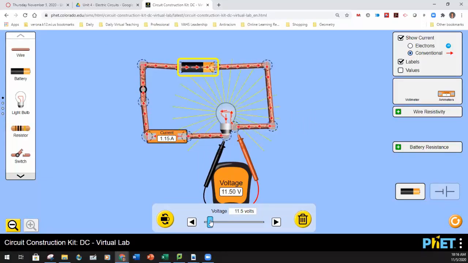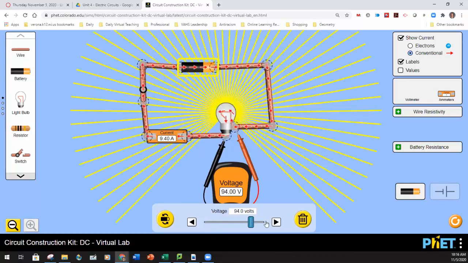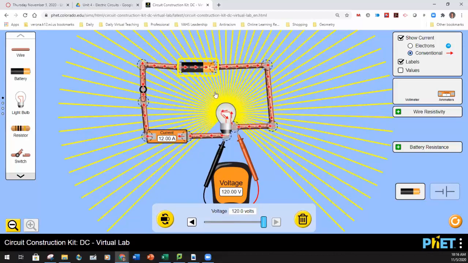And the voltage is 10.5, and the current is 1.05. So hopefully you guys are seeing a relationship between the voltage and the current. The voltage is 10 times the current, no matter what I make it. And as I increase the voltage and the current speeds up, I don't know how well it's coming through on the Zoom, but the current is now traveling faster.